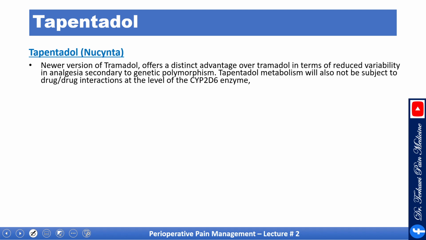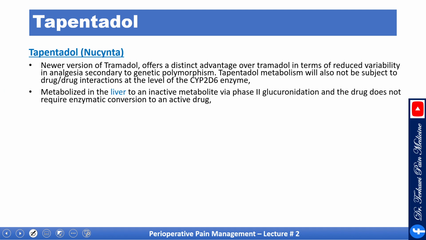Tapentadol metabolism will also not be subject to drug-drug interaction at the level of the CYP2D6 enzyme. Again, it's metabolized in the liver to inactive metabolites via phase 2 glucuronidation, and the drug does not require enzymatic conversion to an active drug, so it's not a prodrug like tramadol.